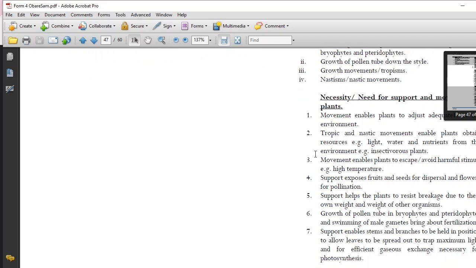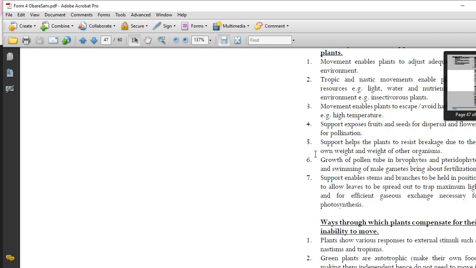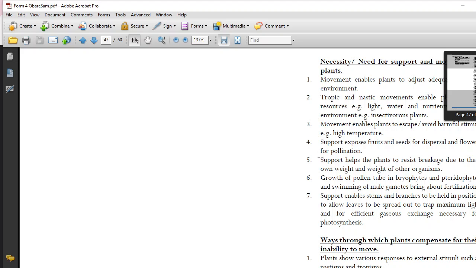And these include the sclerenchyma, the parenchyma, all those support tissues. They are there to enable the plant, for example, support the weight of living organisms that are found in that plant, and also to enable the plant carry its own weight.